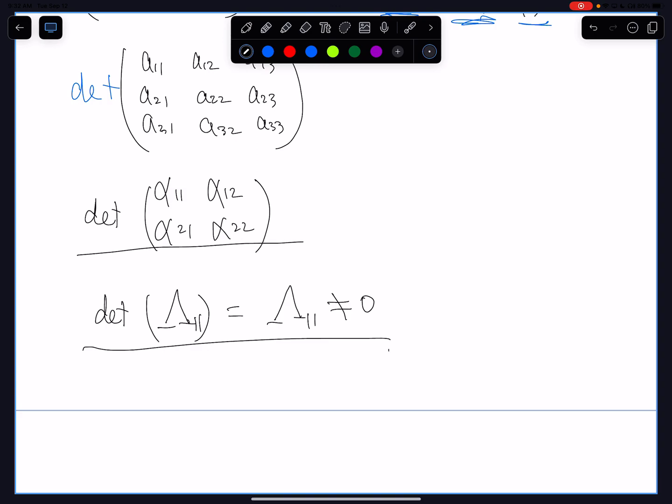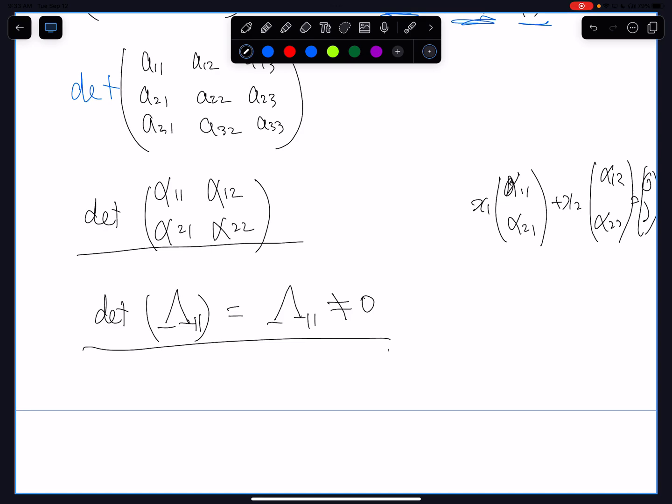So what will be this one? We already know the answer, right? So what is the answer? Alpha 1,1, alpha 2,1, alpha 1,2, alpha 2,2 equal to 0, 0. Well, it doesn't have to be 0, but when does it have a unique solution?